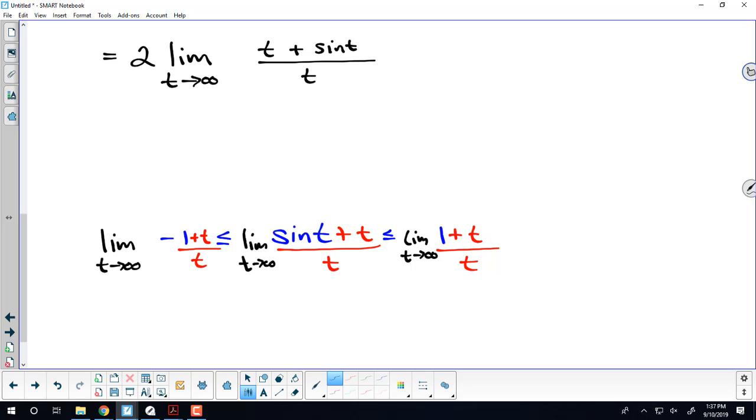We haven't talked about it; we'll see in chapter 4. But infinity over infinity and 0 over 0 in terms of limits can have any value. So we can't reason that it's approaching infinity on the top and bottom, therefore it's 1. That's not accurate. One of them could be growing a lot larger than the other.